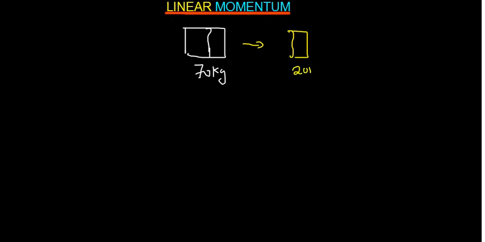Now, let's say you have got a block. Let's say this block is 70 kg. And then due to maybe an explosion or something like that, it breaks such that one piece goes in this direction. Let's say this is a 20 kg piece, it goes in that direction, and then another piece which has remained goes in this direction.